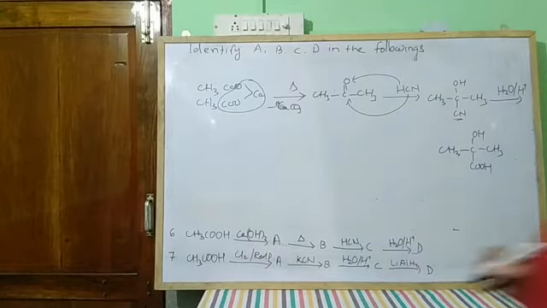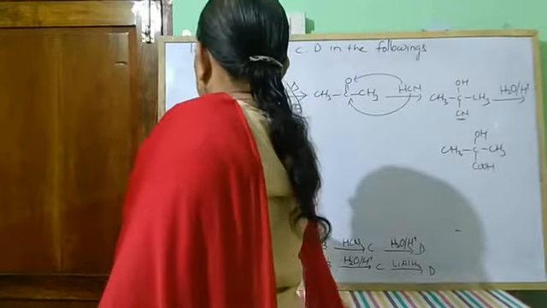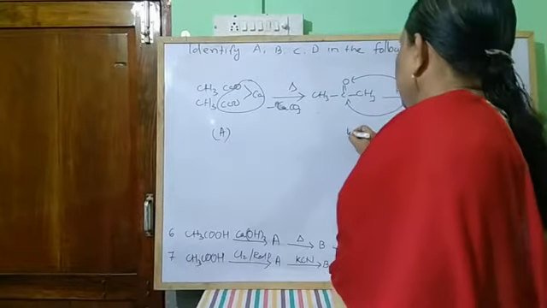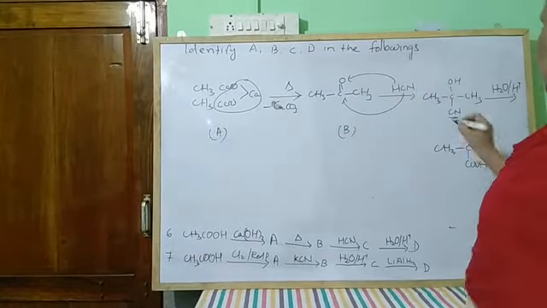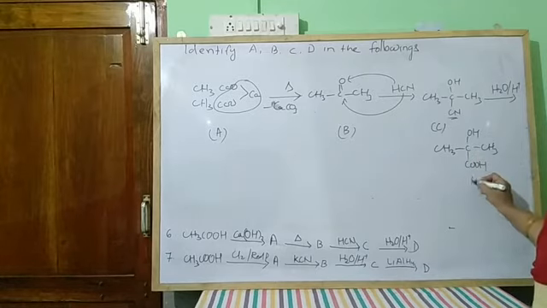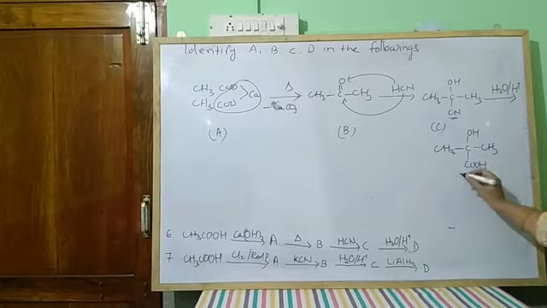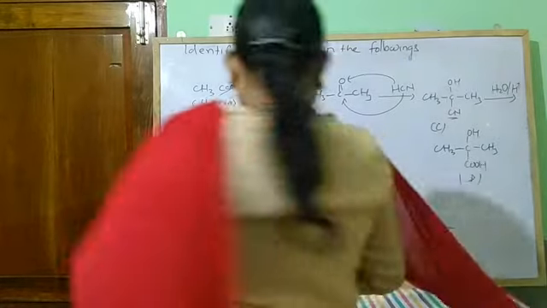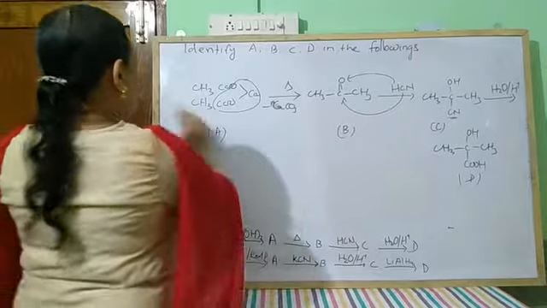So A is calcium acetate, B is acetone, C is acetone cyanohydrin, and this is 2-hydroxy-2-methyl propanoic acid.